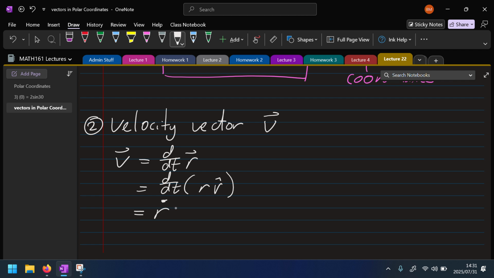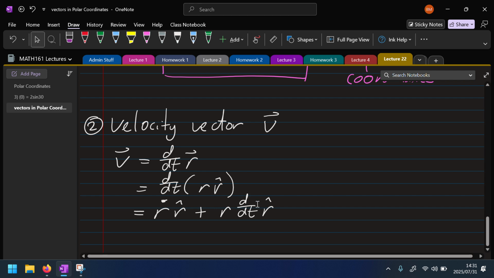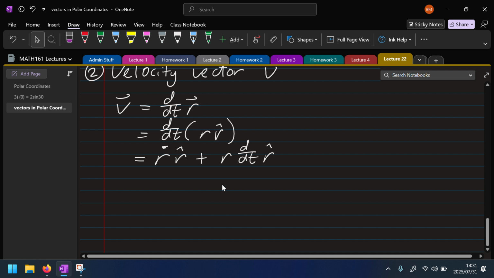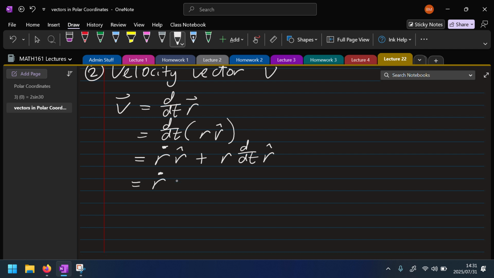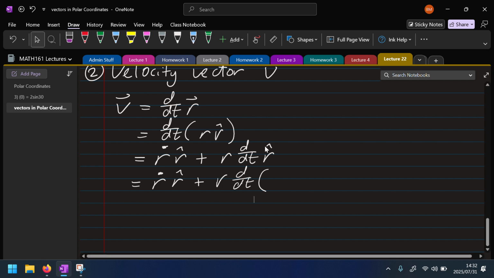We leave the second one alone, so that's r hat. Plus, we leave the first one alone, and we do the derivative of the second. Now we need to figure out what this time derivative is going to be. So that will be r dot r hat plus r d by dt of r hat.